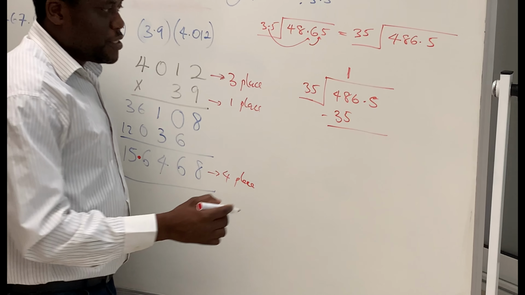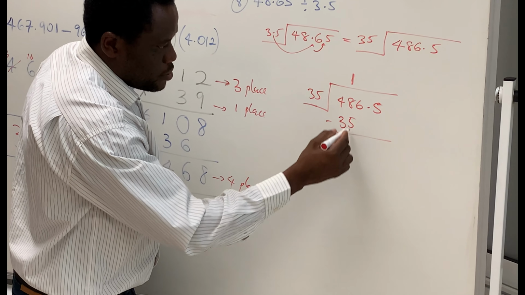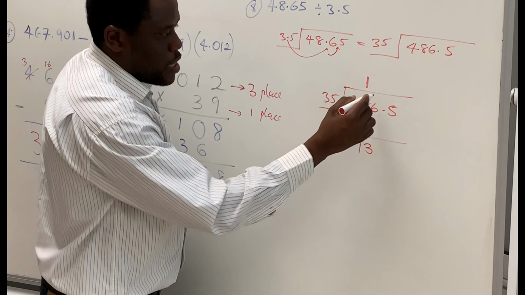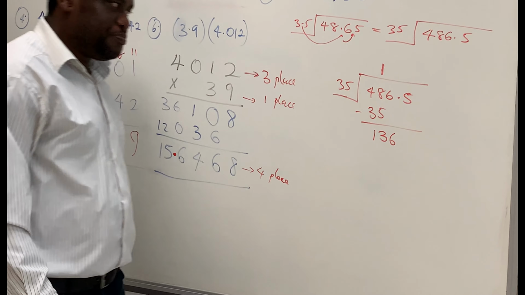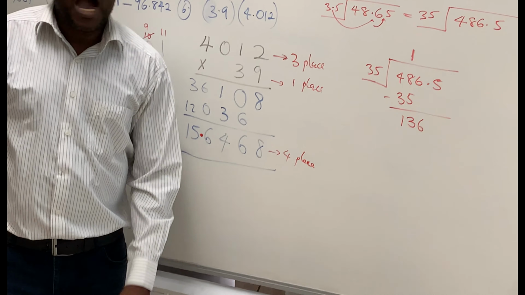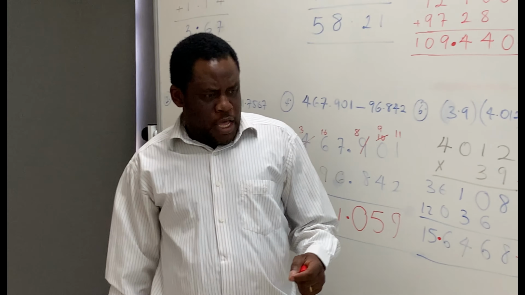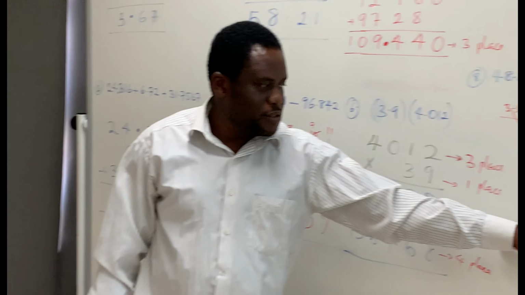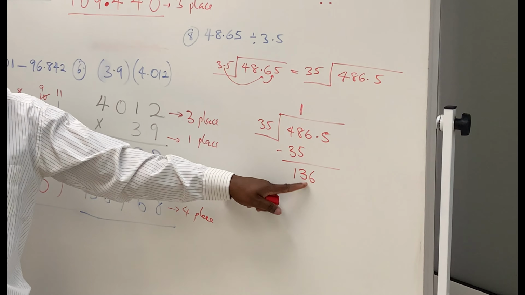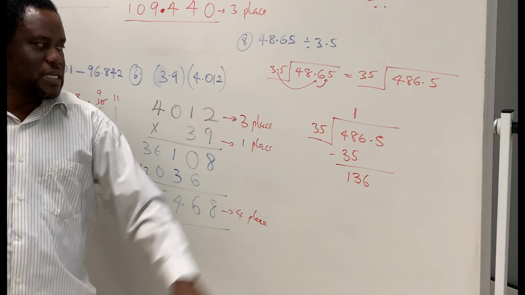So what is left is what? 13, and you drop 6, right? You drop 6. Good. Now, how many times does 35 go in 136?